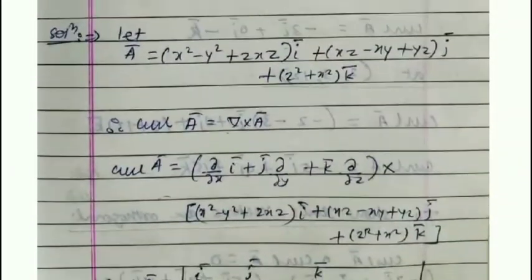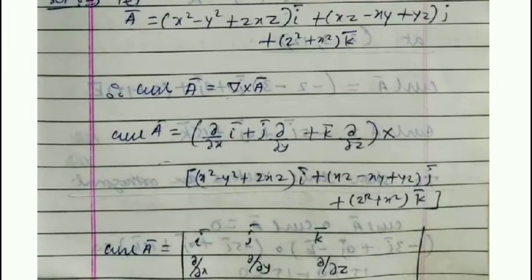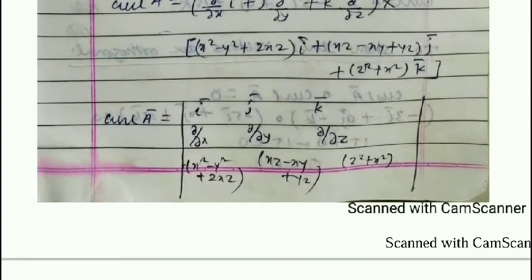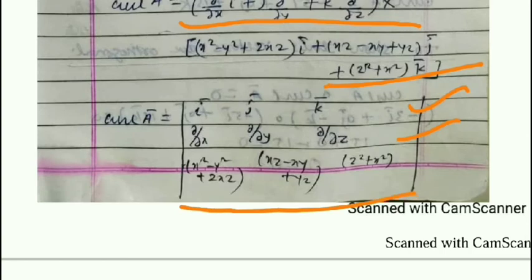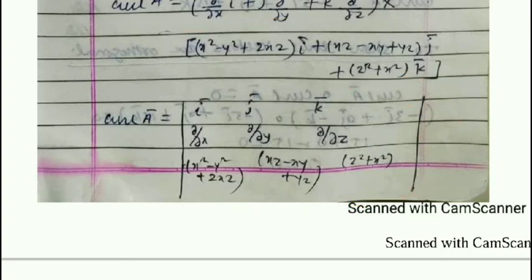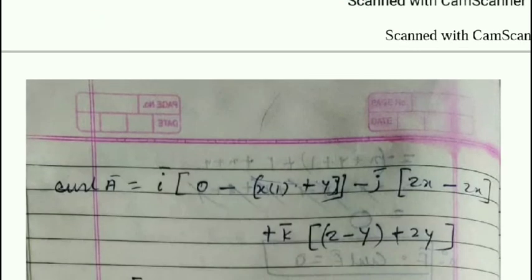So consider the vector point function. After that calculate curl of a. So for curl of a, write i, j, k in the first row, the components of del in the second row, and the components of the vector in the third row. Solve this determinant.